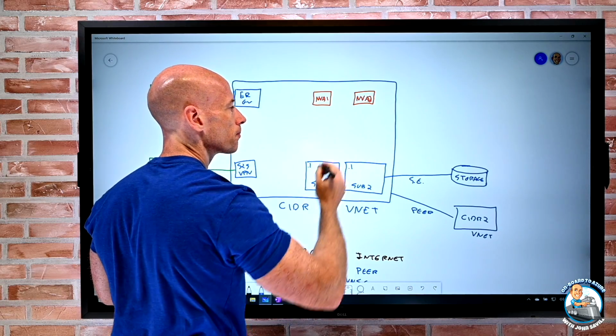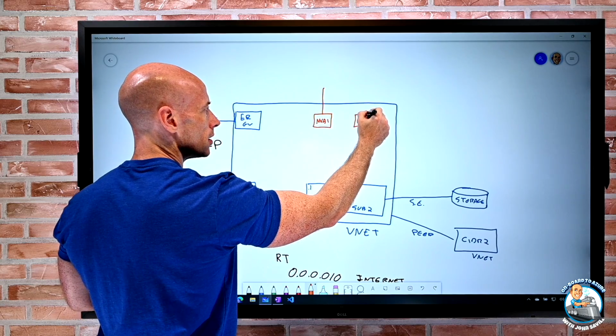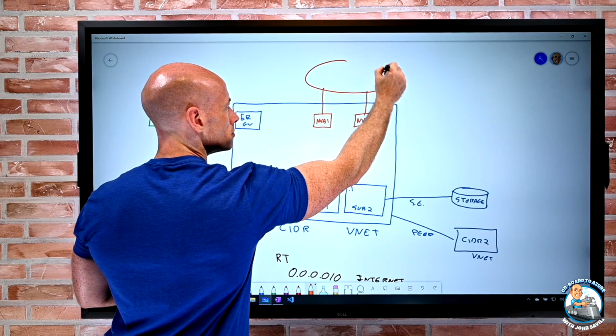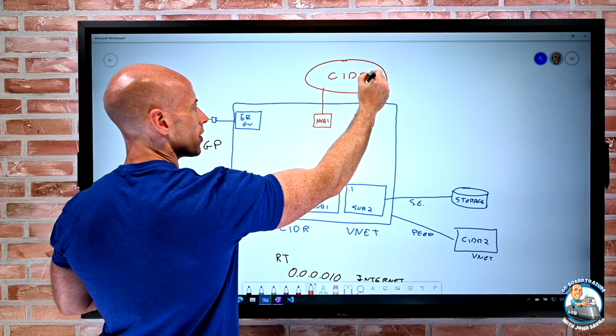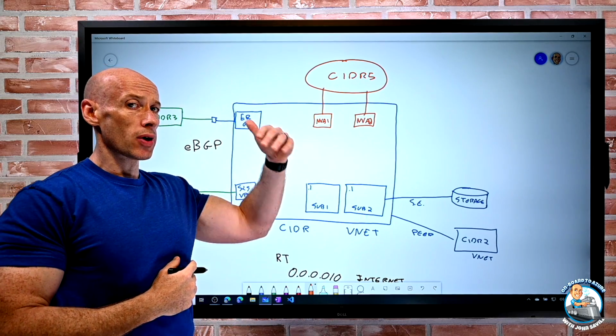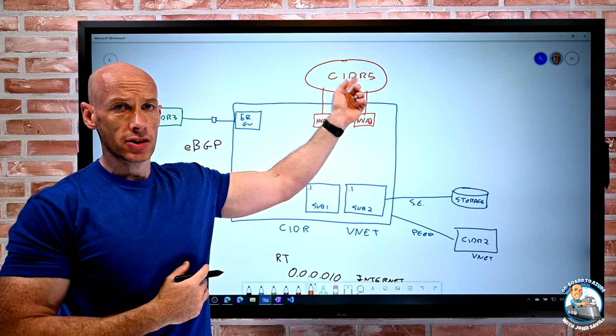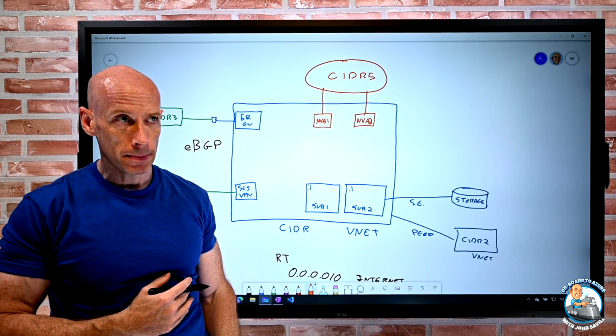So NVA2 may be connecting to some IP range, maybe CIDR 5. They also might be the next hop because I want to go to the internet. There's 0.0.0.0/0. I want that to be my default route. It's some kind of security appliance.